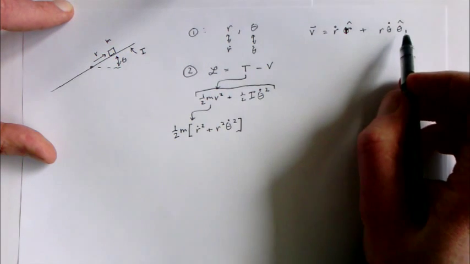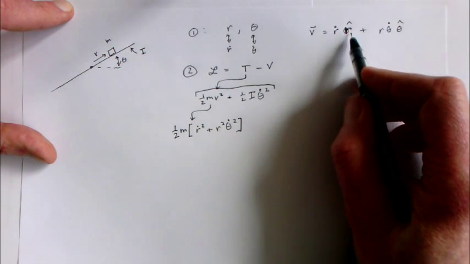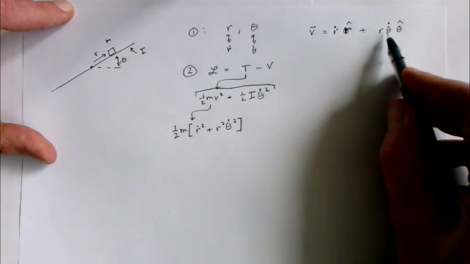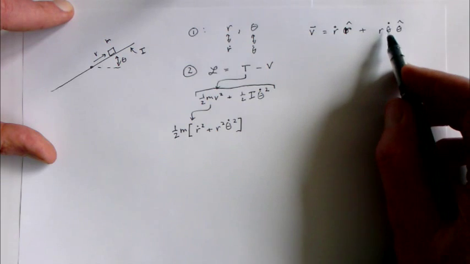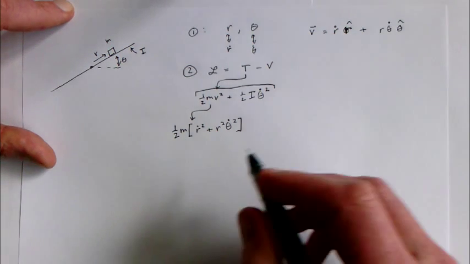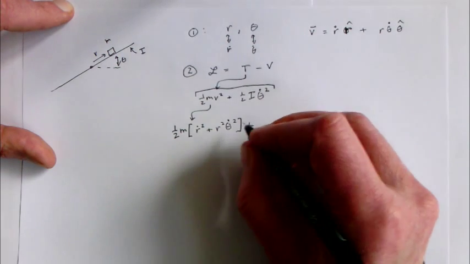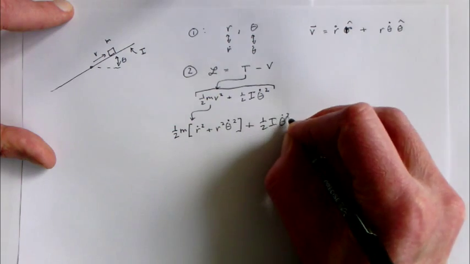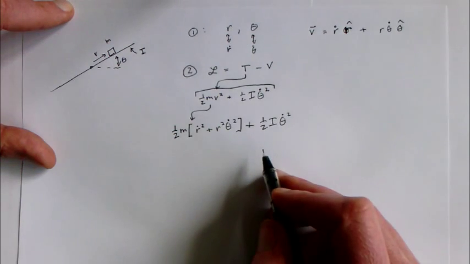When I dot it with itself, I get r dot r hat dotted with r dot r hat, or r dot squared, and r squared theta dot squared from the dot product of the theta component with itself. And of course, theta hat dot r hat is 0. That will be my first term, and my second term will simply be 1/2 I theta dot squared. So that's my kinetic energy.